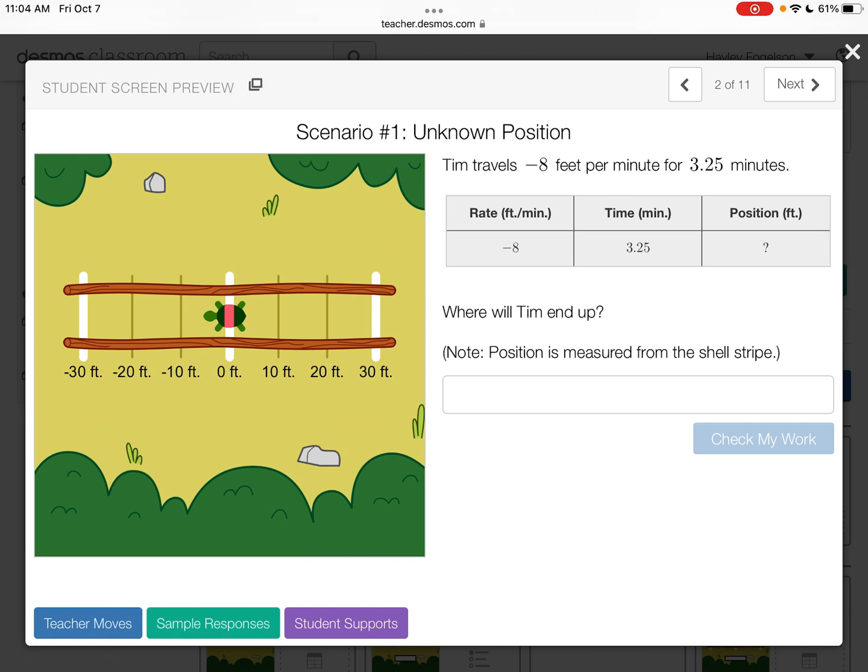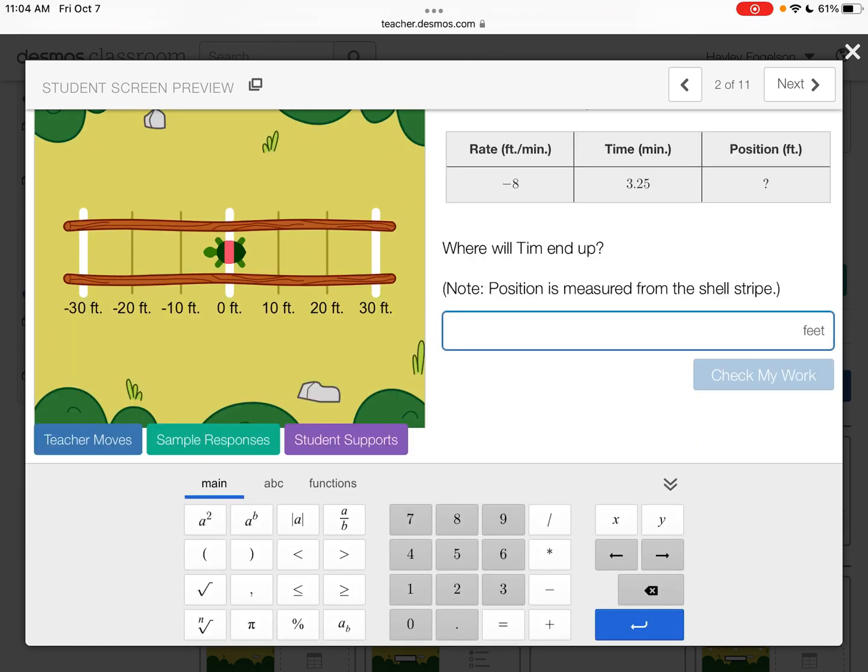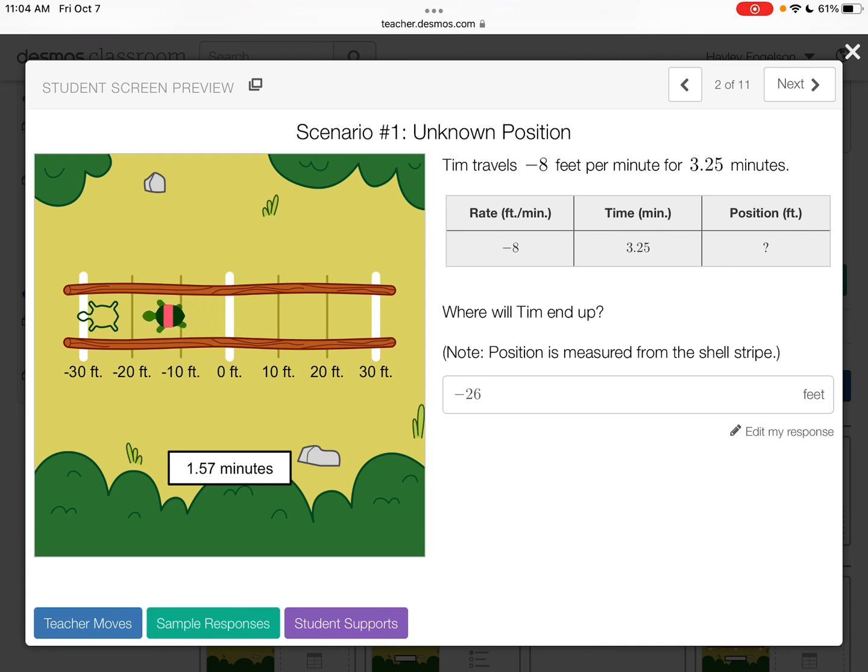I'm not able to write on this screen of Desmos, so go ahead and grab a piece of scratch paper and multiply it. When you multiply it, you'll get 26, but remember, a negative times a positive would be -26 feet. Let's go ahead and check our work.